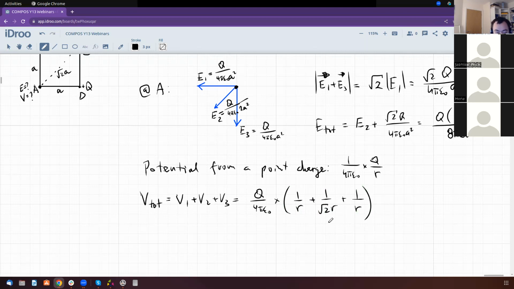And then you just do, so square root of 2, square root of 2, 2 square root of 2. So Q multiplied by (1 plus 2 square roots of 2) over 4 square root of 2 pi epsilon 0 R. I think so. I think I haven't messed it up.